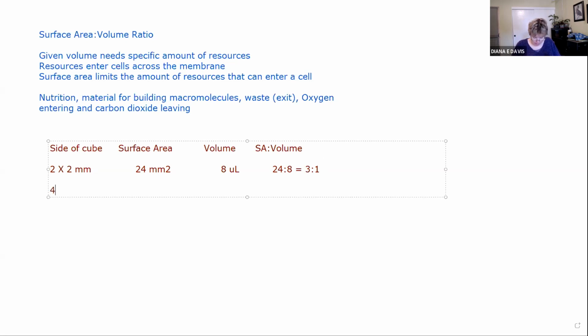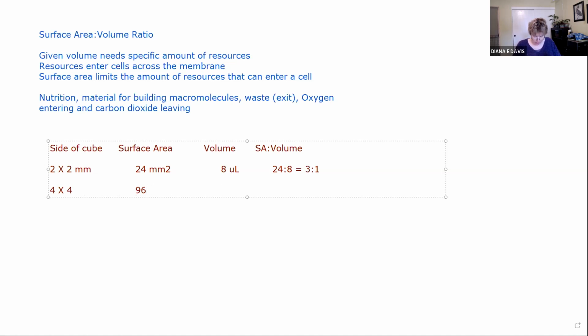Now let's double the size of each side of the cube. And when we do that, the surface area goes from 24 to 96. That's a big jump.